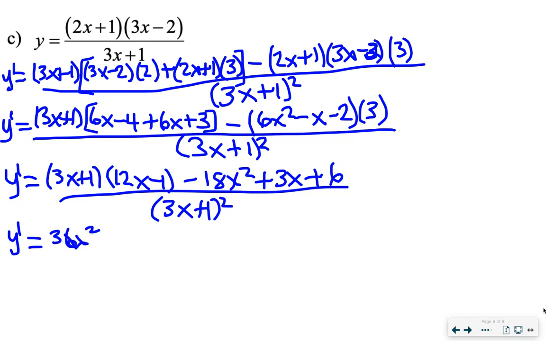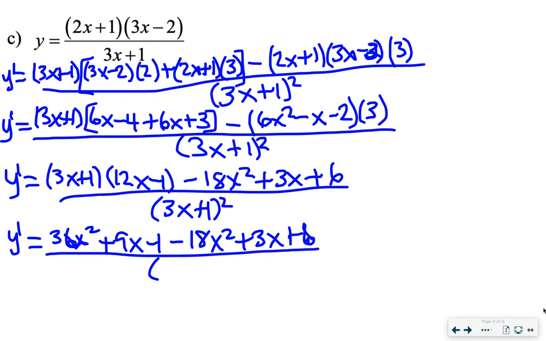36x squared plus 9x plus 1 minus 18x squared, 3x plus 6. Okay.